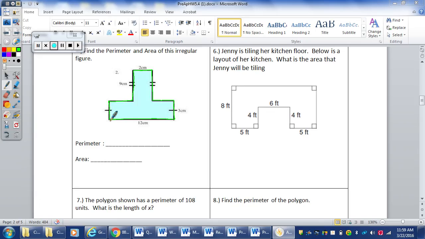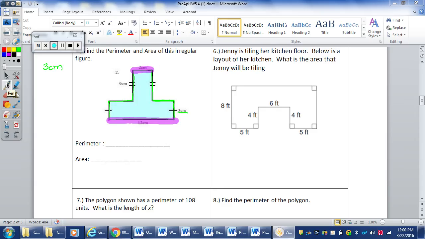Well, I can see here, I'm going to start here. I see I have 3 centimeters. The next line here, I don't have a number. So I need to stop and think. This whole line is 12. And they give me a piece of this line, which is 2.